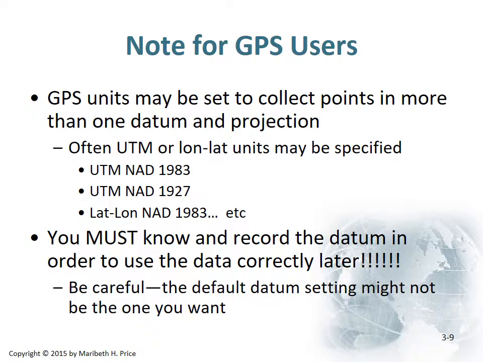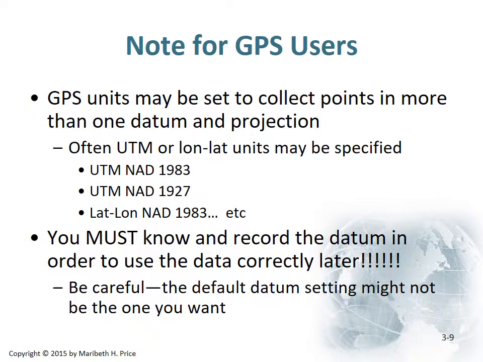So here, again, I've already made this claim on another slide, but we'll do it again. Your GPS unit may have the capability of recording in more than one datum or more than one measurement system. So it's up to you, the user, to make sure that you're recording information in what you expect your information to be stored in. So you have to know the settings.